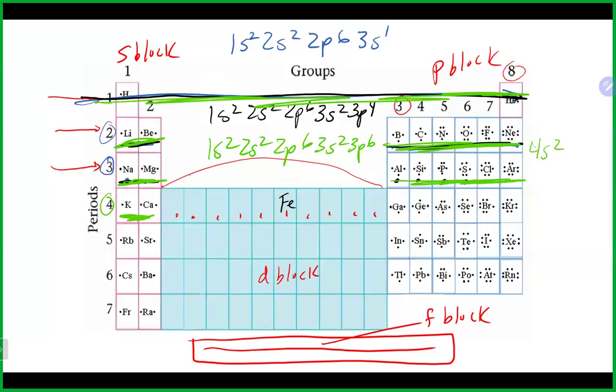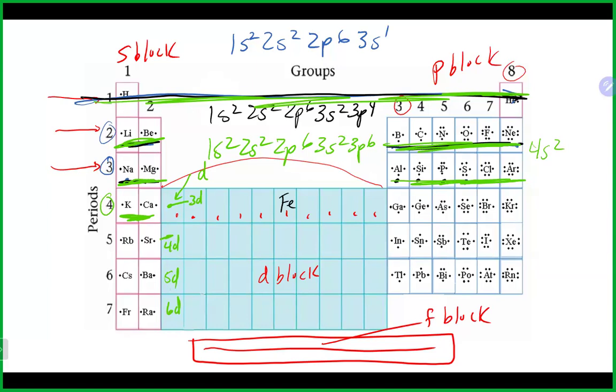Now this is D. What energy level do D start at? They start at 3, even though it's on period number 4. This right here is 3D. Underneath it is 4D, 5D, and 6D. The D's are actually one behind the period number.